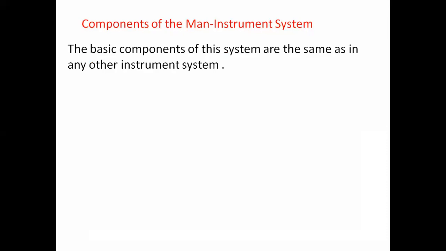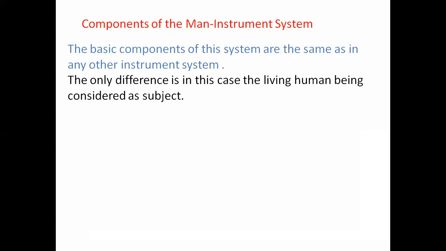The basic components of biomedical instrumentation are the same as in other instrumentation systems. The only difference is that a living human being is considered as the subject. From that living human being, we measure different parameters, which are called physiological variables or physiological parameters.